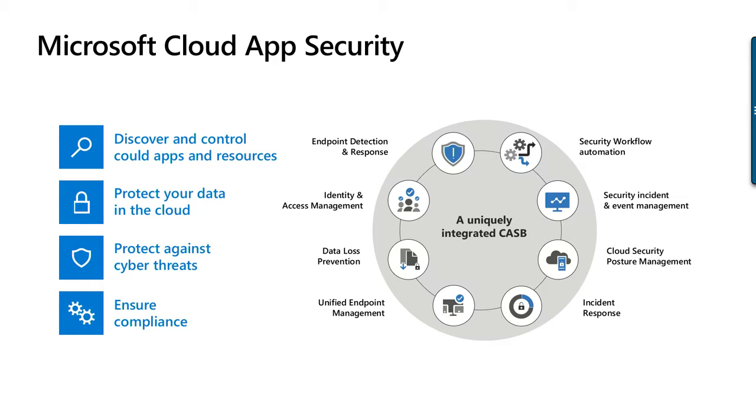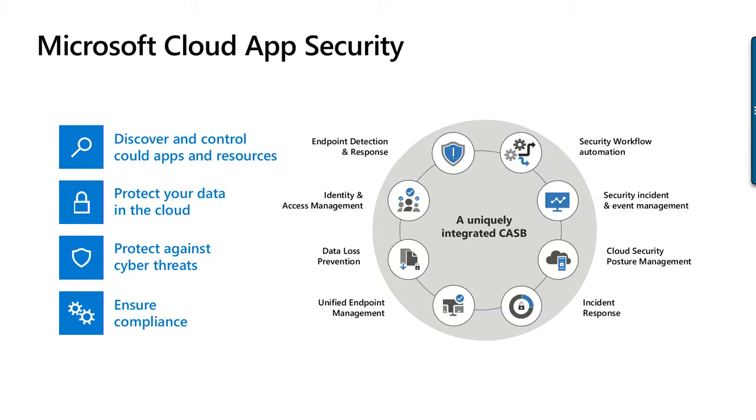So first I'm going to start with a very short introduction for those who are new to Cloud App Security. Cloud App Security is a leader CASB according to Gartner. Basically you can think about a CASB as a security solution that's going to fulfill a few needs for a company to secure cloud resources.